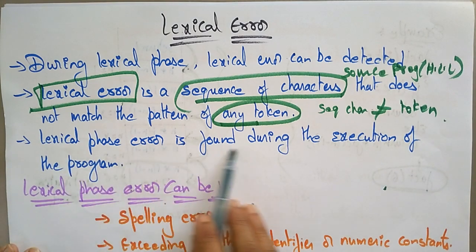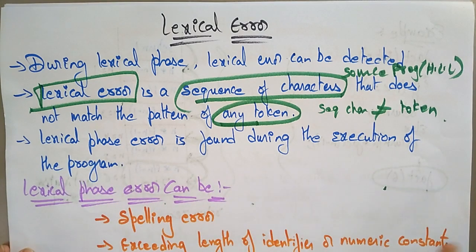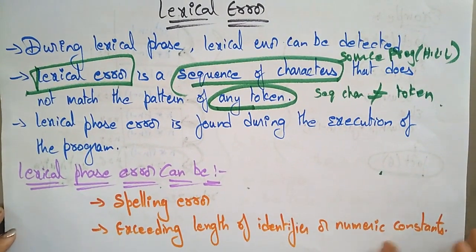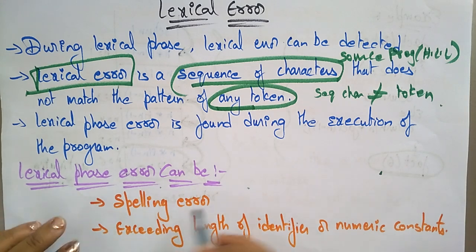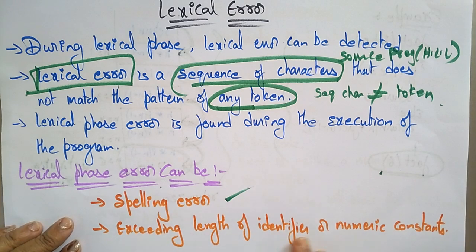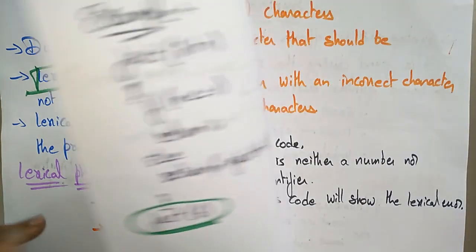The lexical phase error is found during execution of the program. What are the different lexical errors that can be found? In the source program, sequences of characters that do not match the pattern of any token. Let's see: spelling errors, exceeding the length of an identifier or numeric constant. If you specify a length and it is exceeded, it won't match the specified pattern of the token.